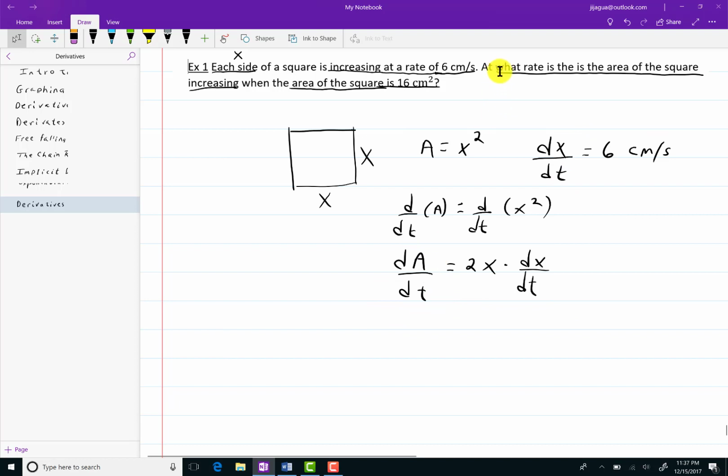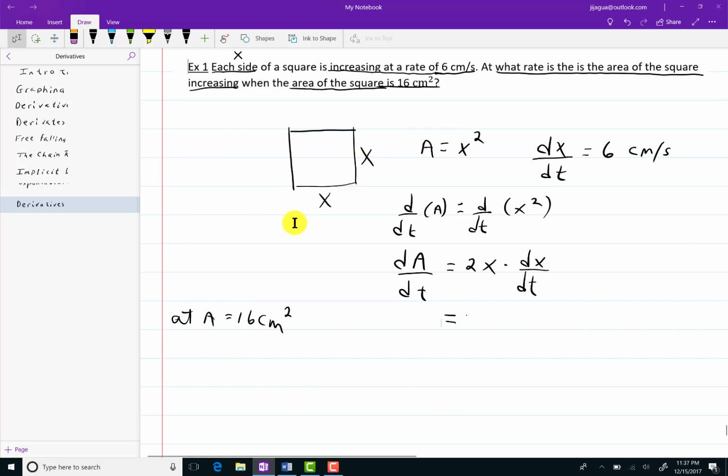At what rate is the area of the square changing? So this is the rate that the area of the square is changing. I do not know x until they tell me that A equals 16 centimeters squared. When A is 16, I know that x has to be 4. 4 by 4 makes 16.